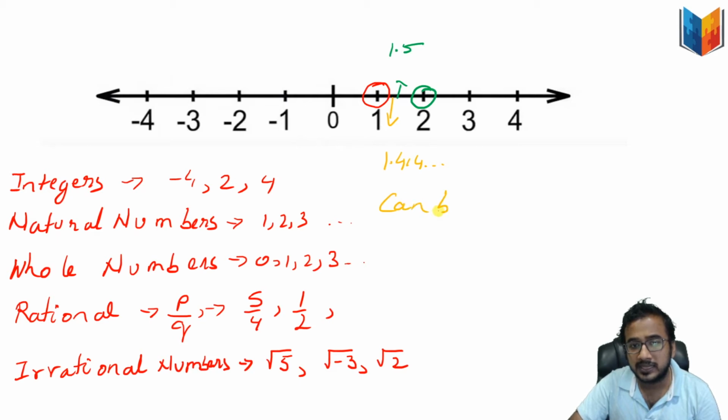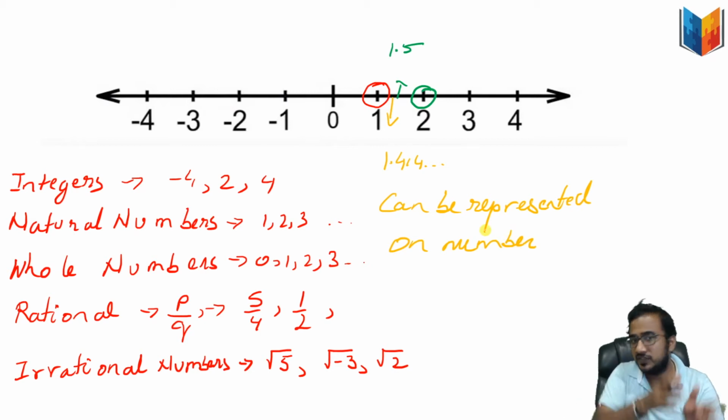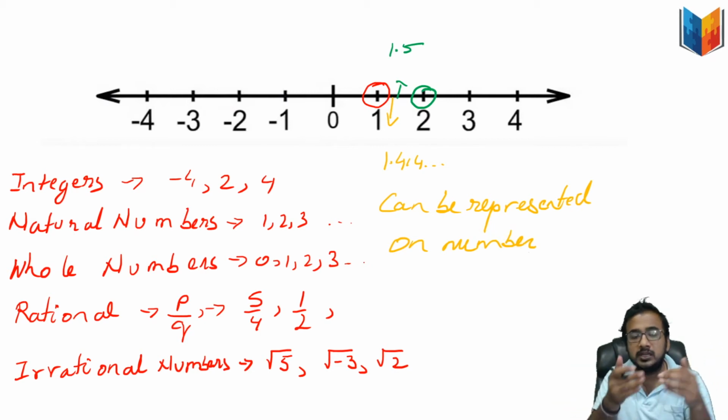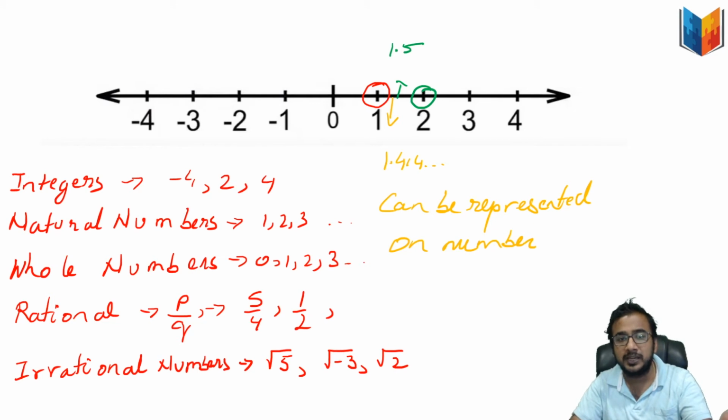So in brief, again, the numbers which we can represent on the number line, the way I have explained, are real numbers.